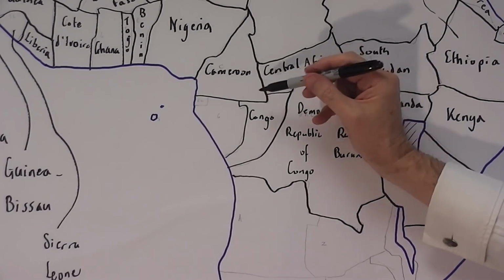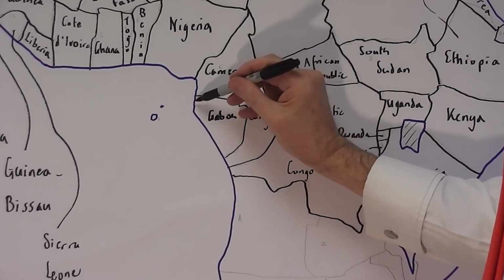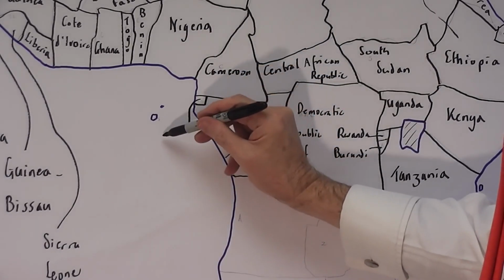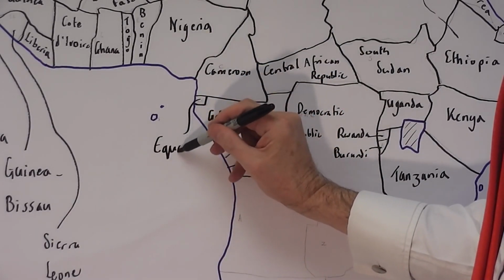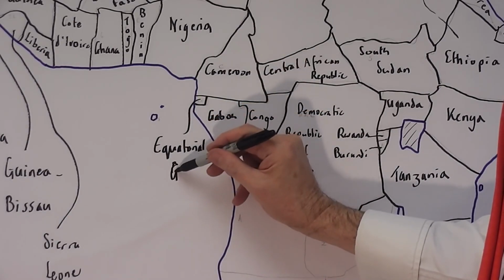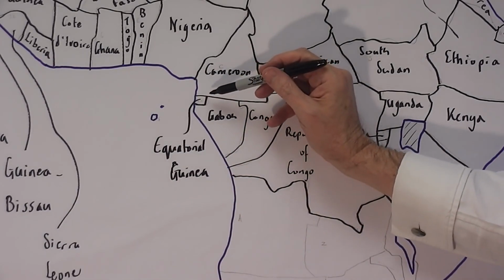Next to Congo is a country called Gabon, and then next to Gabon, a country called Equatorial Guinea, very small, tucked in there, Equatorial Guinea.